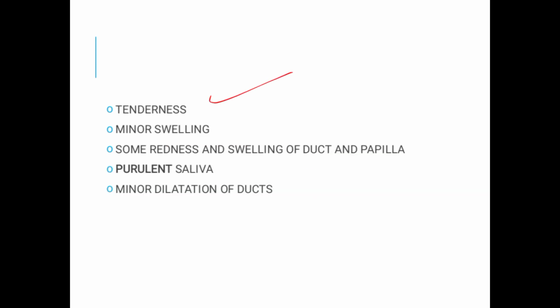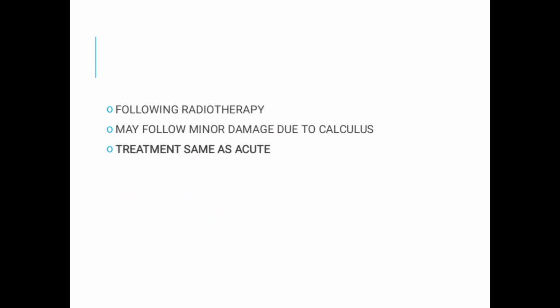Again there is tenderness, minor swelling, sometimes redness or swelling of the duct or papilla, and purulent discharge of saliva. There is minor dilation of the ducts. Follow up with radiography for minor damage due to calculus. Treatment is the same as for acute: give antibiotics, do hydration, remove the predisposing factors, and increase saliva with sialogogues.